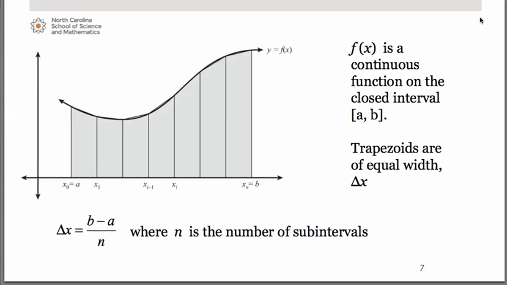Now, one key characteristic of the trapezoidal rule is that these trapezoids are all of equal height. And when we talk about the height of the trapezoids, we are referring to this horizontal distance right here.